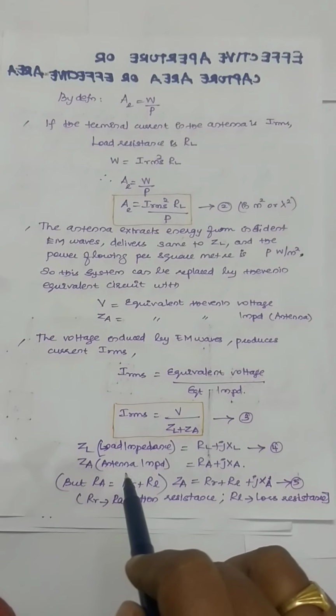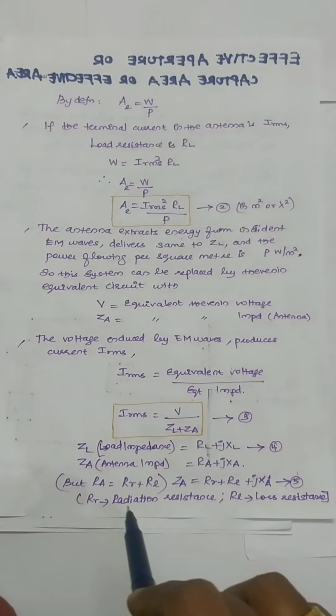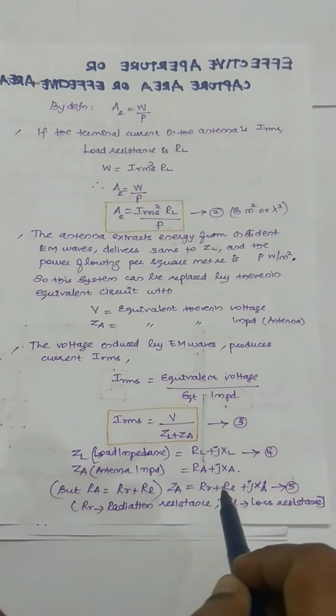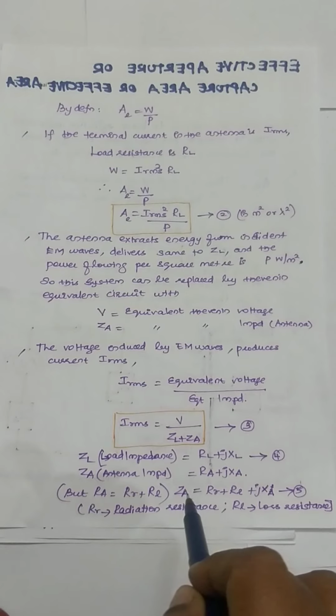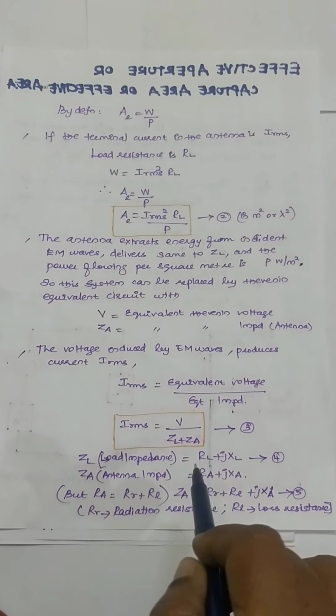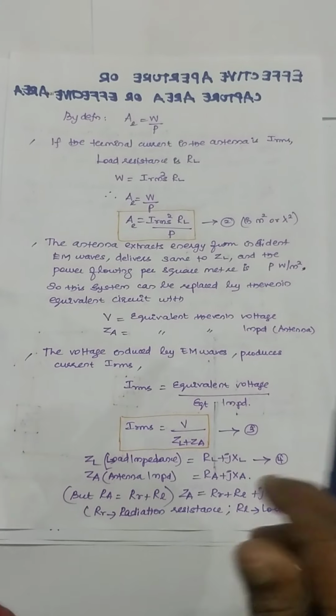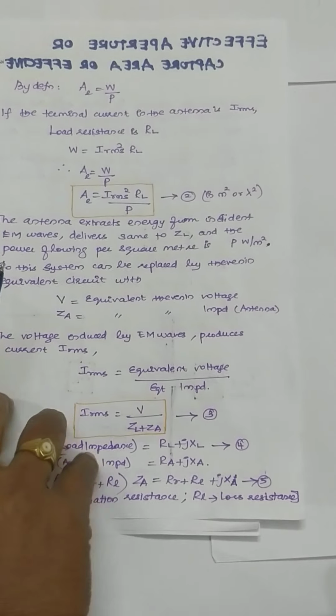But RA is defined as the sum of radiation resistance and loss resistance, which is RR plus RL. So I can replace ZA by RR plus RL plus jXA in the place of RA plus jXA. Name these equations as 3, 4 and 5.